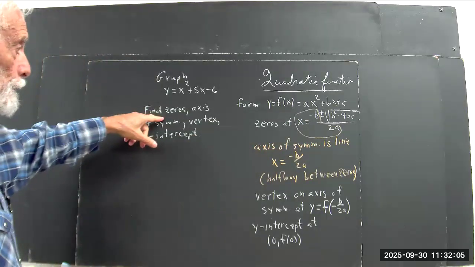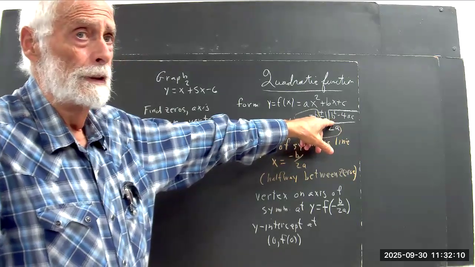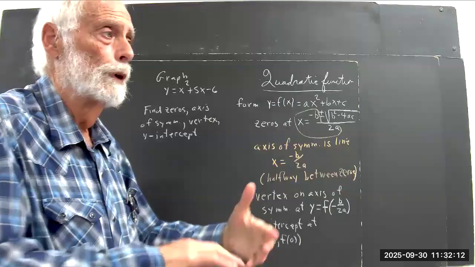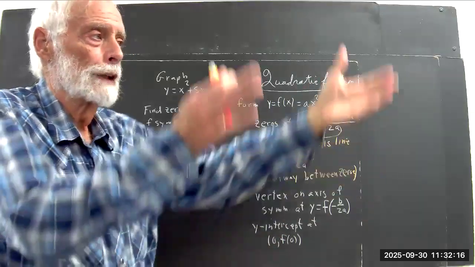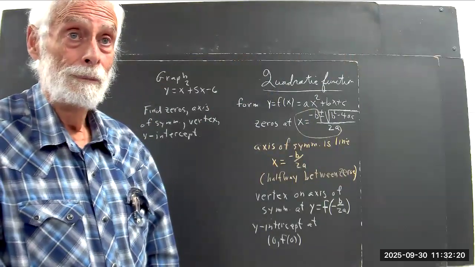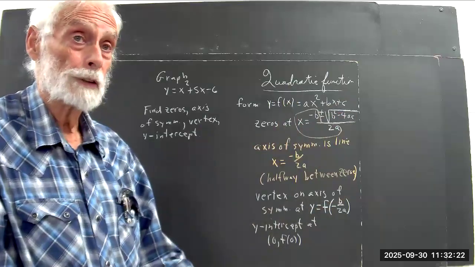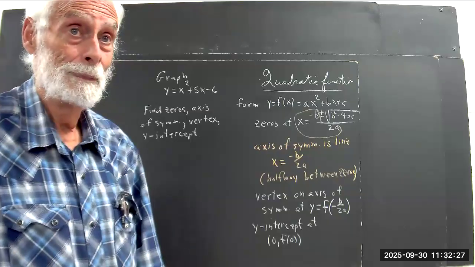With the caution that you don't always get zeros, because if you end up with a negative under this radical, you're not going to have any points on the x-axis. And the graph will either be above the x-axis opening upward or below the x-axis opening downward. If it's opening upward and it's below the x-axis, it's going to go through the x-axis and have zeros.